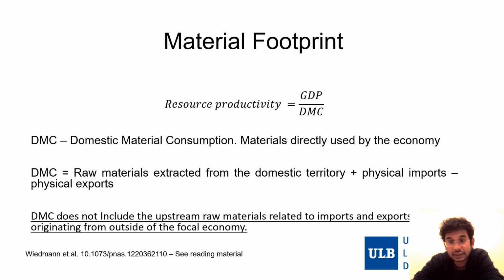But the important thing to notice here is that the DMC does not include the upstream raw materials related to the imports and exports operating outside of the focal economy, the economy that is in focus. The ones that are imported from outside, especially the upstream ones, are not taken into account. So the people who put forward material footprint want to correct this particular aspect.